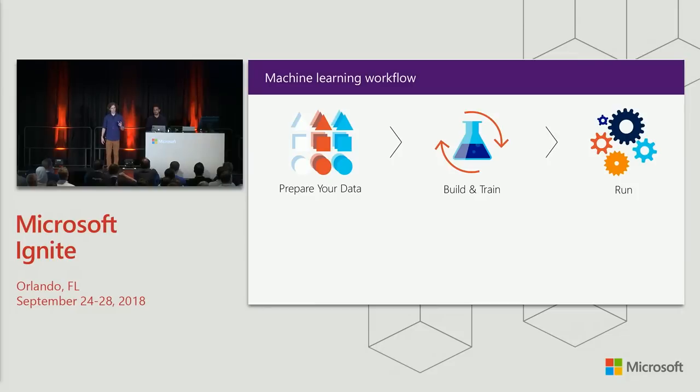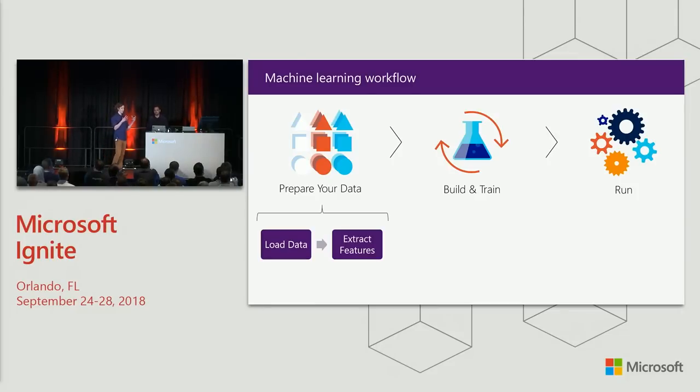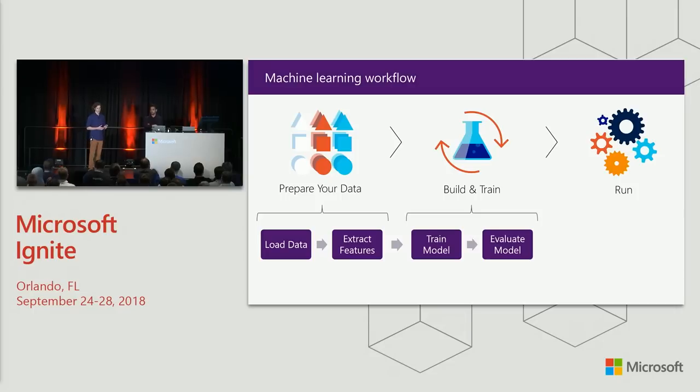Now, just giving a high-level overview of the machine learning workflow, we're going to first collect the data and load it. And then we're going to extract features from it. We're going to transform the data into a format that's usable by the machine learning model. This might mean converting all the text that we have into numbers that the learning algorithm can understand. Once we have everything in a numeric format, we can actually train the model.